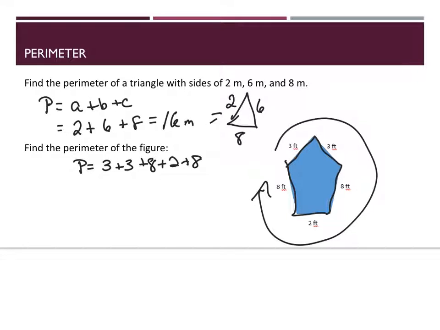Make sure you don't miss any. So, you want to count, I had 5 sides, I have 5 measurements in my addition here. So this is what? 6 plus 10 is 16 plus 8. The perimeter would be 24. And in this case, the units is feet.